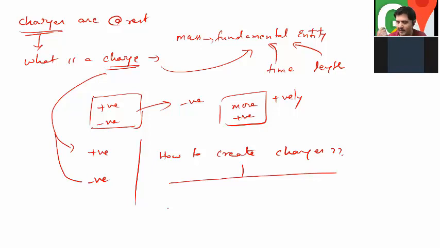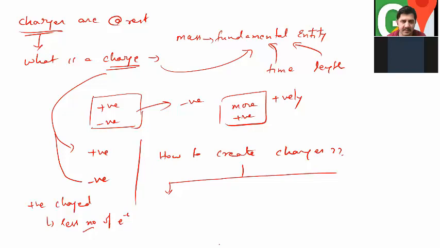So then how do I create the charges? Because the moment I say creating charges, it should be either positive charges or negative charges. When I say I have created positive charges, it tells me the object is devoid of electrons. If it is a positively charged object, it has less number of electrons.